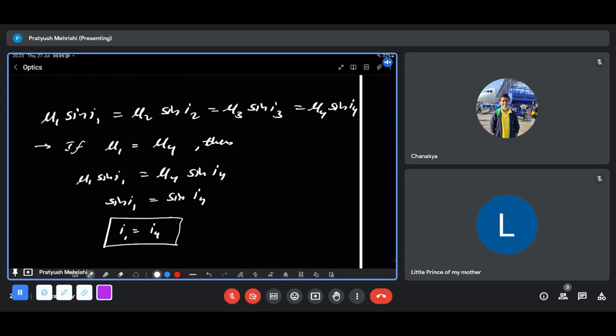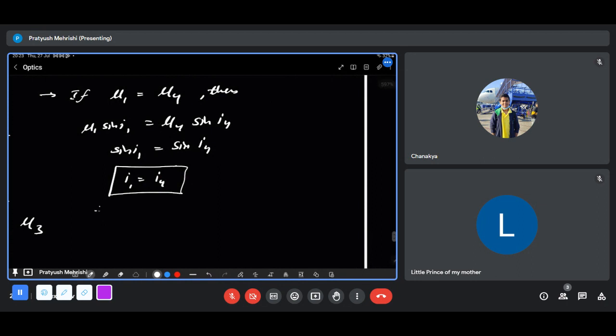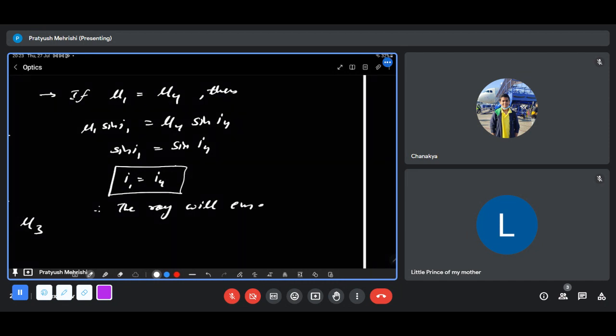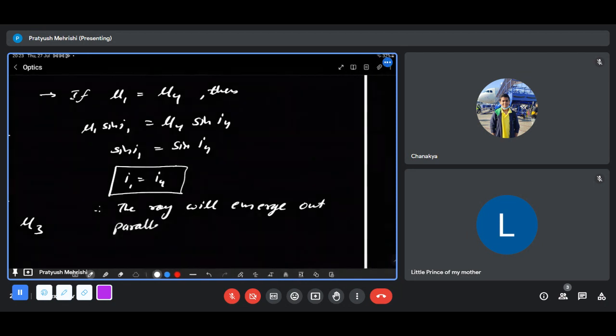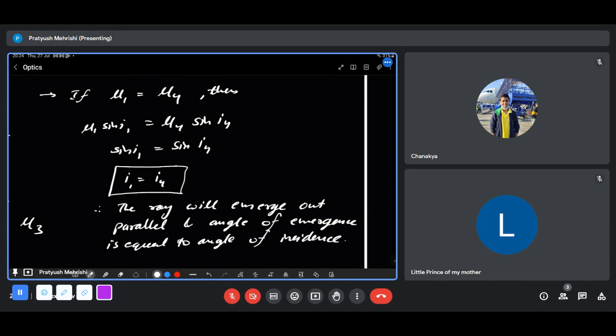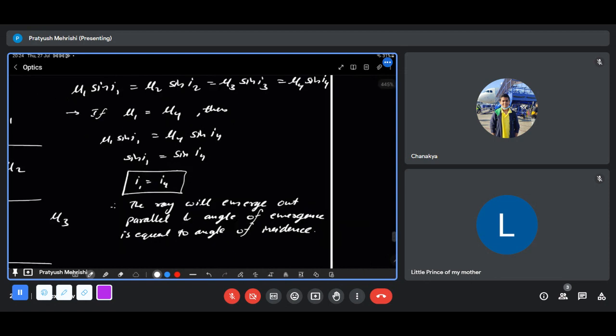Thus, it means the ray will emerge parallel, and the angle of emergence is equal to the angle of incidence. Okay, take it down now.